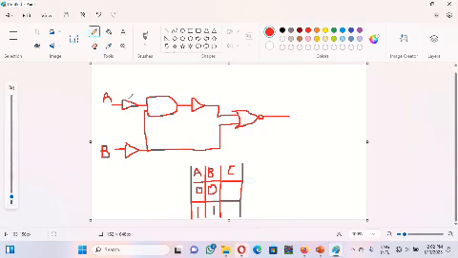in which we have a NOT gate, an AND gate, and another NOT gate. This is also another NOT gate, and then we have the NOR gate, which is a combination of an OR gate and a NOT gate.